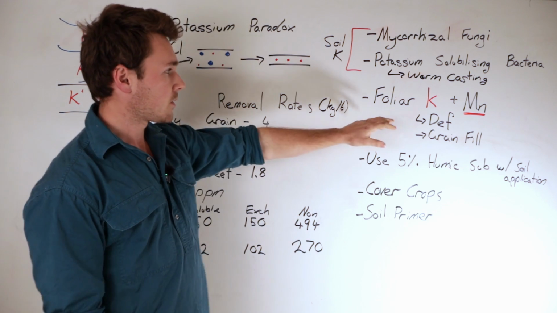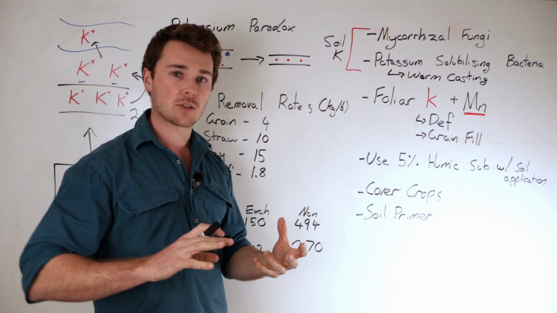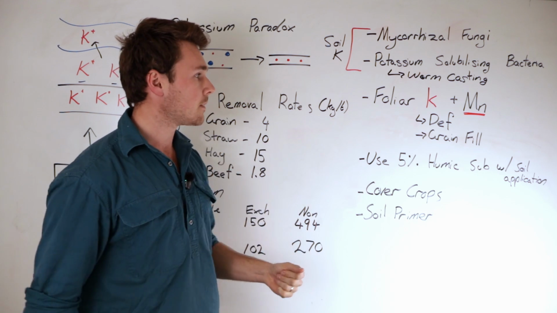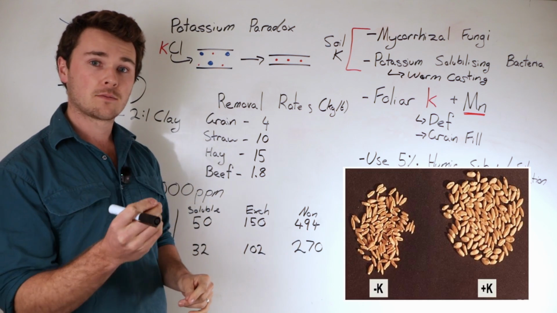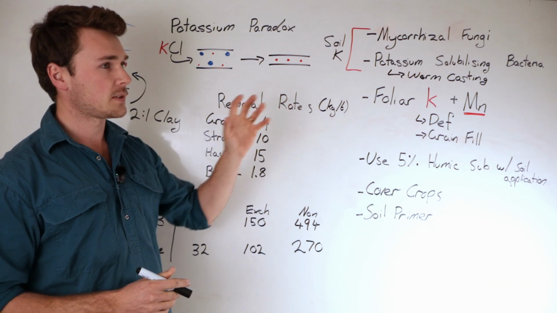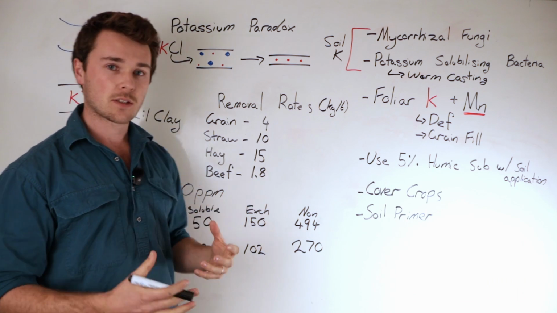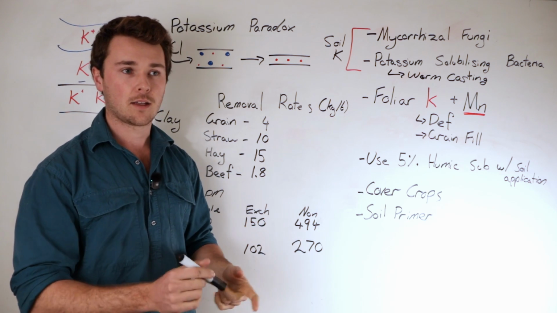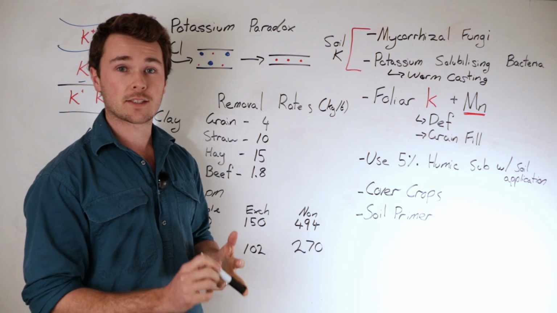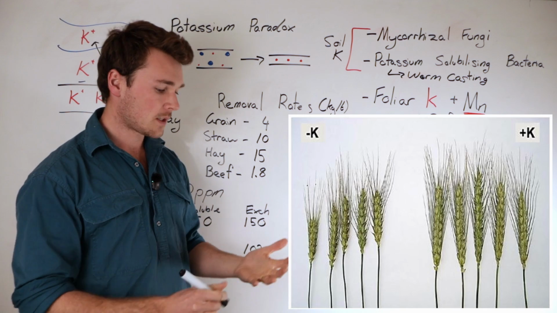Now, potassium is also a big driver of quality, especially in horticultural crops, because of that transportation of carbohydrates. And so you'll see here a bunch of different photos. We've got wheat, the grain from one plant, in a potassium deficient and potassium sufficient crop. It increases the kernel weight, or the grain weight. It also increases the spike size and the number of grain on the spike, increases apple size.